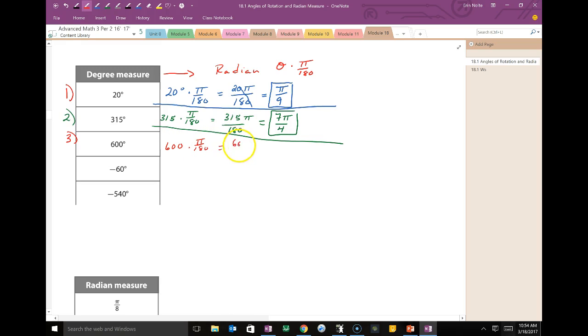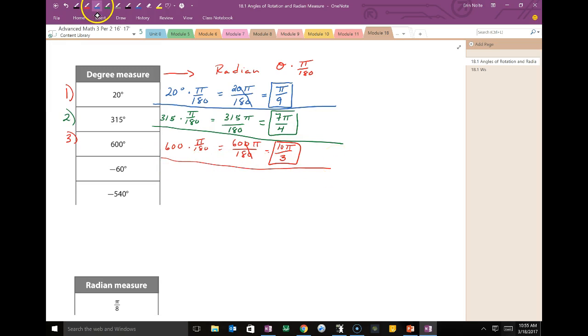So that would be 600 pi over 180. So for this I see zeros that cancel. And 60 and 18, let's see, I'm thinking 6. Might be bigger than that. So 10, if I think 6 thirds, nope, that works. So 10 pi over 3.